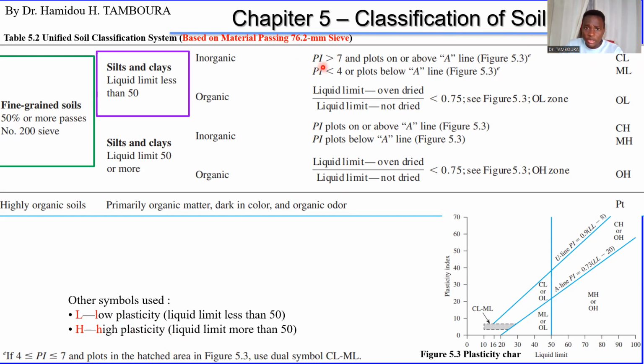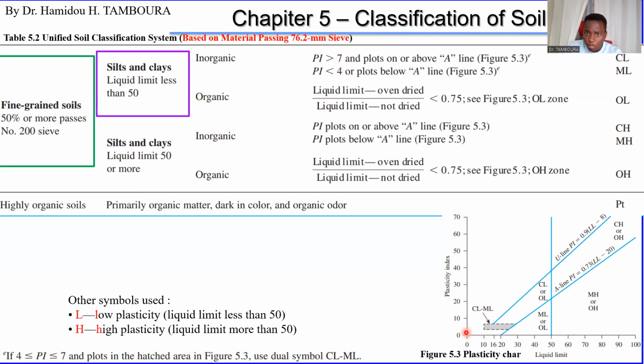Okay? But if you have here PI less than 4, or you plot by doing the coordinate system, liquid limit and plasticity index, and you get a point that is below the line A here. Just make sure you don't go here, because this part is for the second part. Okay, I told you already. You have to stay here, left of this part.